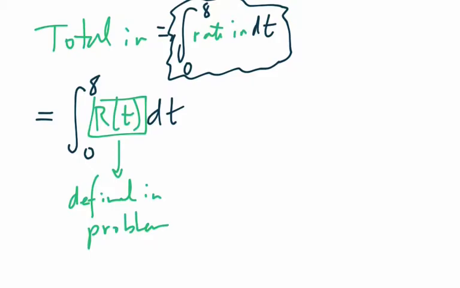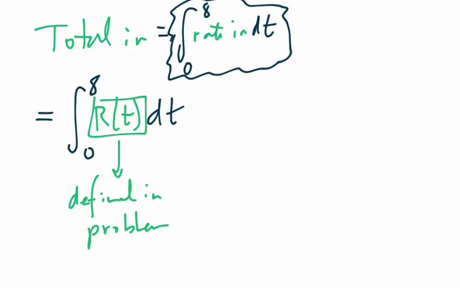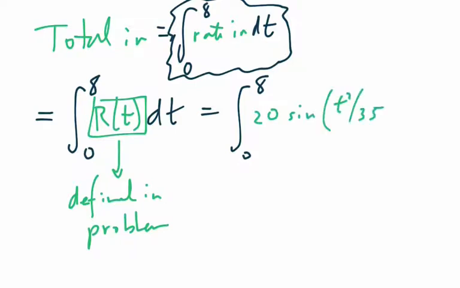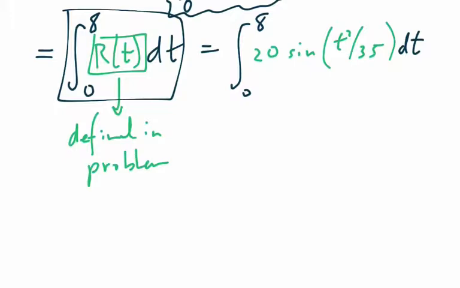However, r of t, clearly, back here in the front, is defined as 20 sine t squared over 35. If you want to be cool and pretentious, but taking a risk, you could write out the entire function, 20 sine of t squared over 35. But if you do that and you make a mistake, then it's points off and that's sad. So to be safe, you would do this, and then to evaluate it, let's actually do that evaluation.